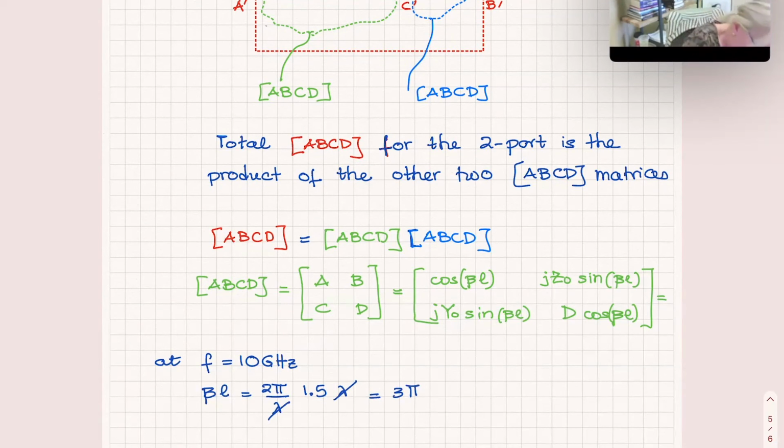And then what do we know from there? That cosine of 3 pi is how much? Is -1, all right? And sine of 3 pi is 0.